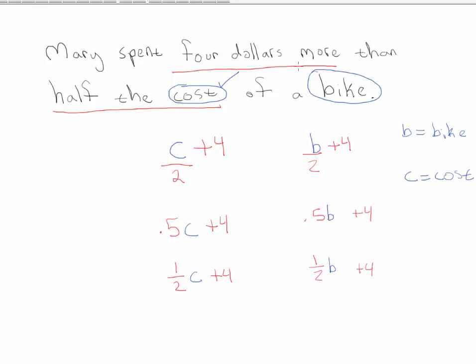So all we've done is we've taken this sentence full of words and turned it into a simpler expression with numbers and an unknown. So learning how to translate between English and mathematical language is really the foundation of algebra. The better you get at this, the better you're going to do in this course.